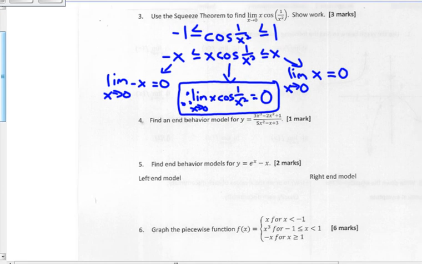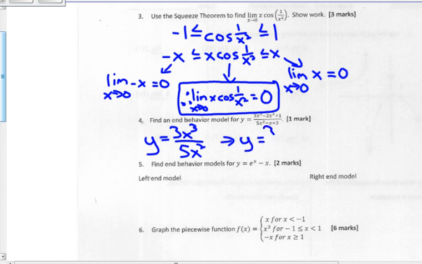End behavior model, that's a lot like limit as x goes to infinity, but we're talking about what basic function it looks like. So this is a complicated function that you see in 4, but it can be modeled by something that is a lot simpler. All we do is take the highest power term on top, divided by the highest power term on the bottom.